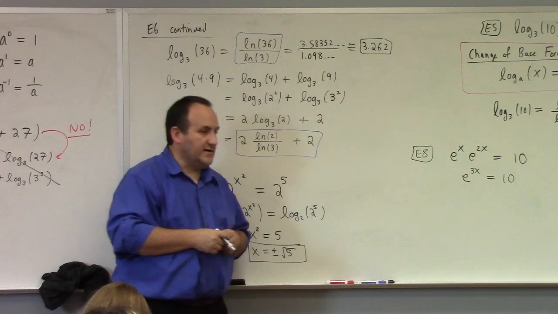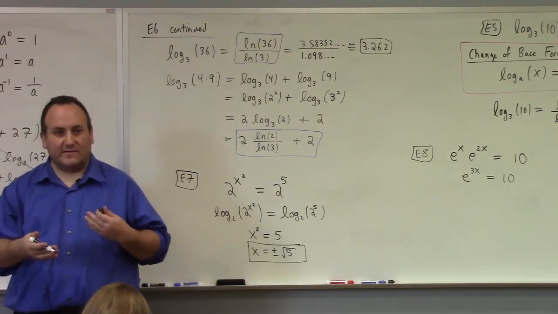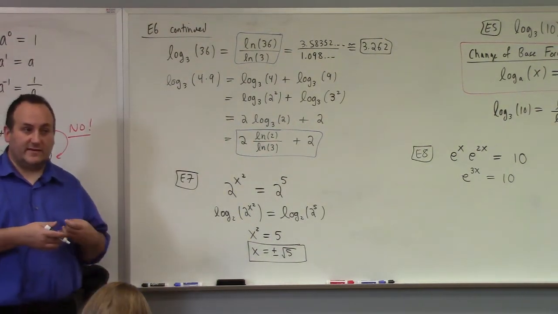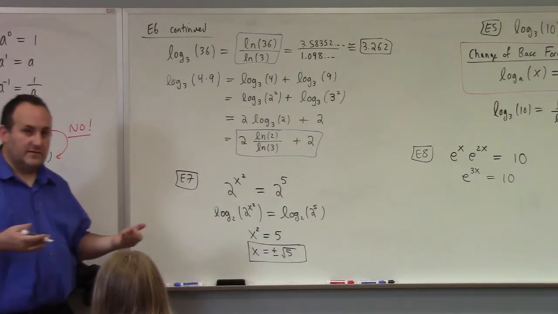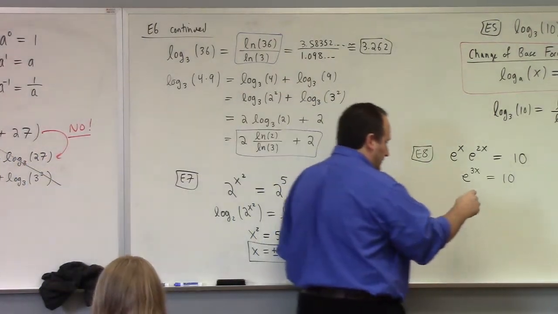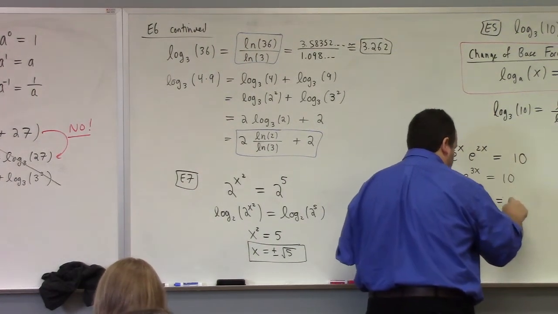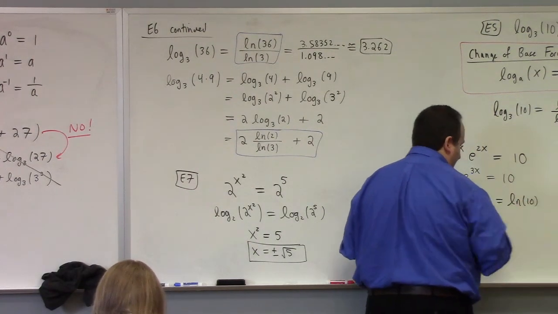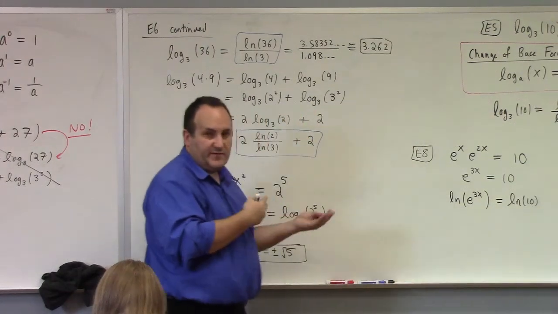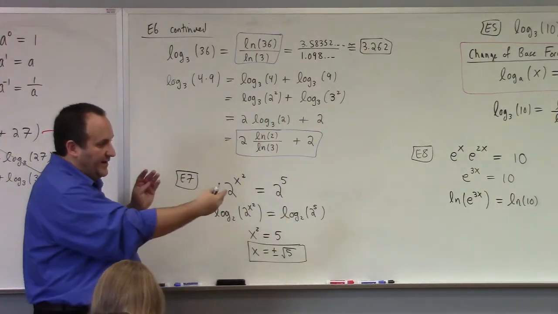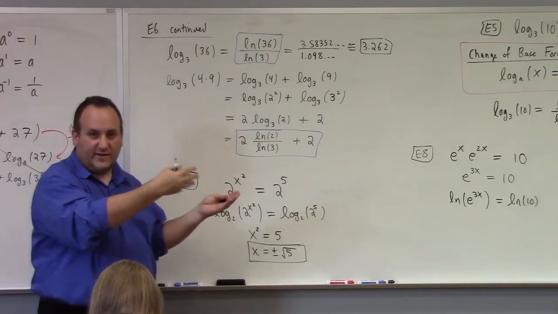How do I solve an equation involving e to something? The answer is take the natural log of both sides. Remember, they're inverses, so you just get back out the argument of the exponential, which is 3x here.